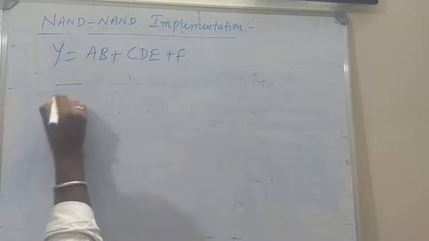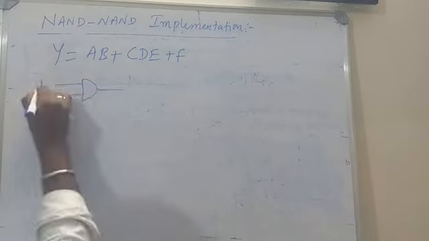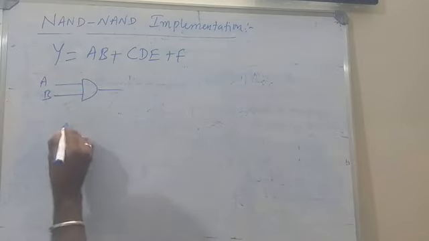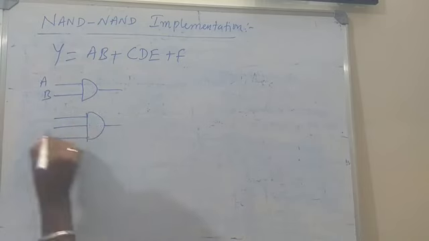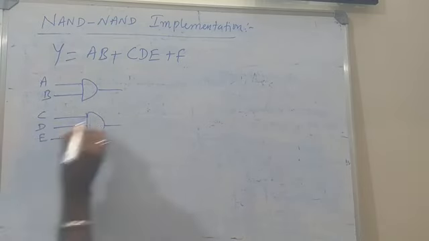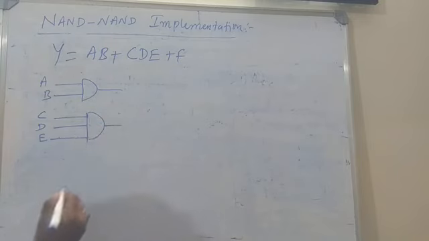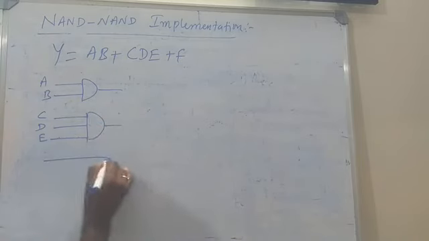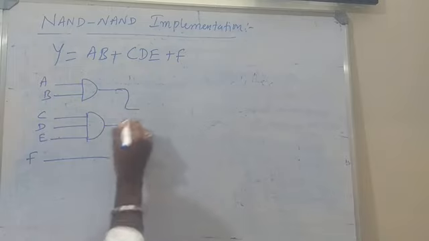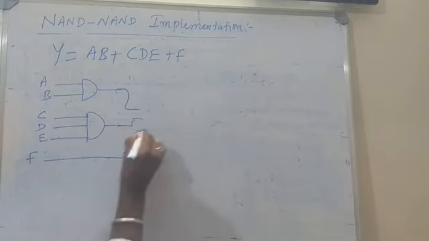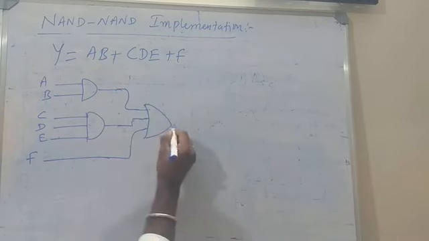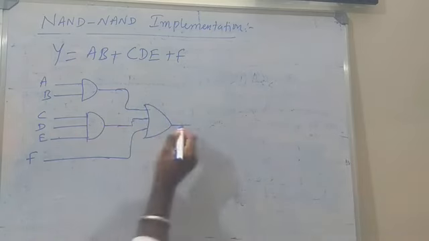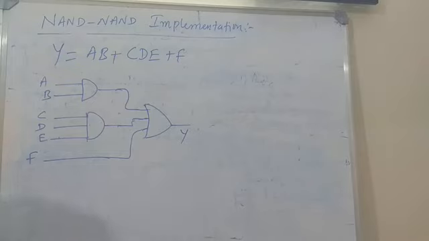This is AB, then CDE, a 3 input gate, and then F. F is one input, and I am going to give a 3 input OR gate directly. This is the basic logical equation. Now, what is the next step? What do you have to do?